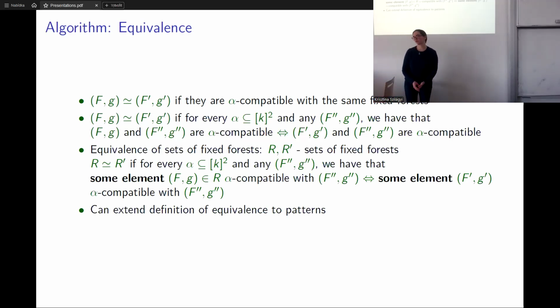And what we also actually do in our algorithm is we don't just simplify one fixed forest. We take a set of them and we simplify a whole set of them. So we also have some notion of how we simplify a set of fixed forests.